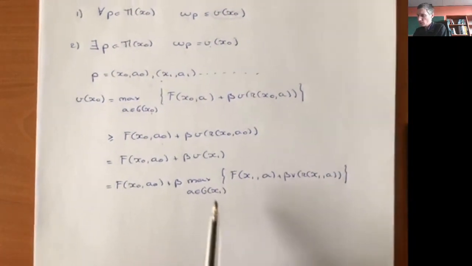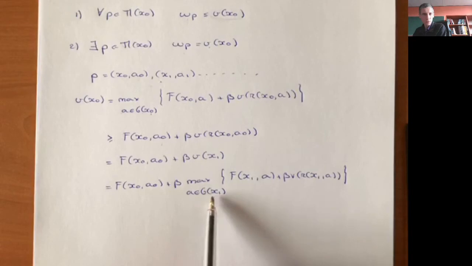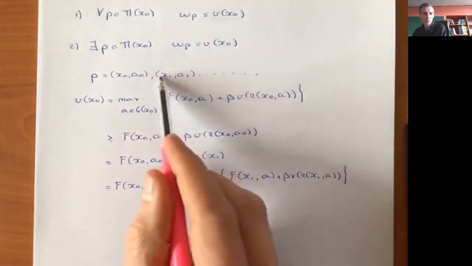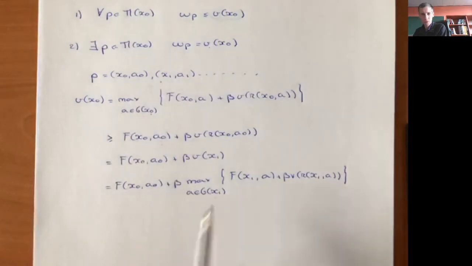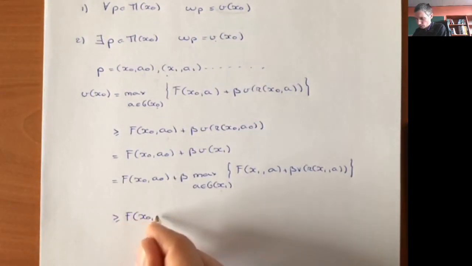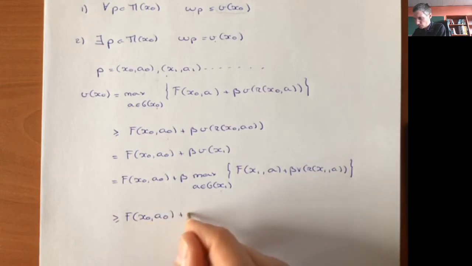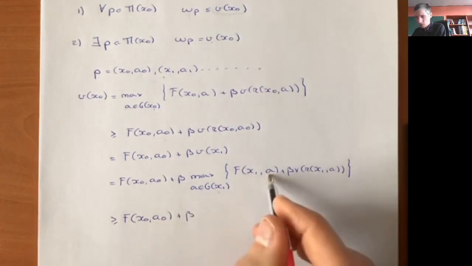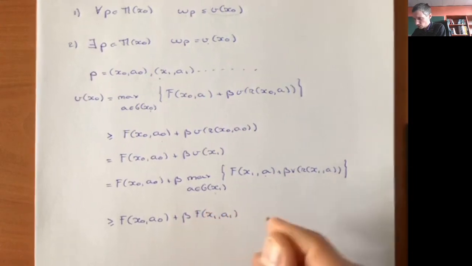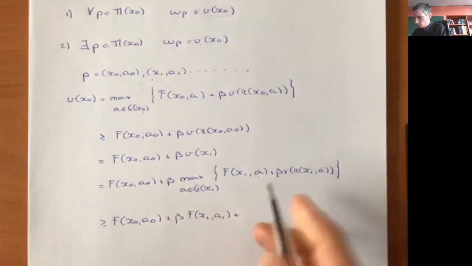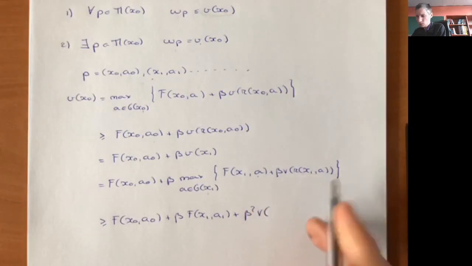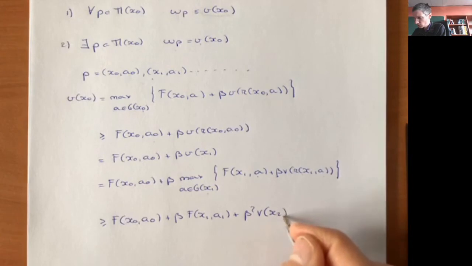Take the maximum over all a's that are here, and a1 is one of them, because this is a path, it should be feasible. So again, I can use the inequality: f x0, a0 plus beta, plug in a1 in here now, f x1, a1 plus beta times beta, which is beta squared, v r x1, a1, which is x2.